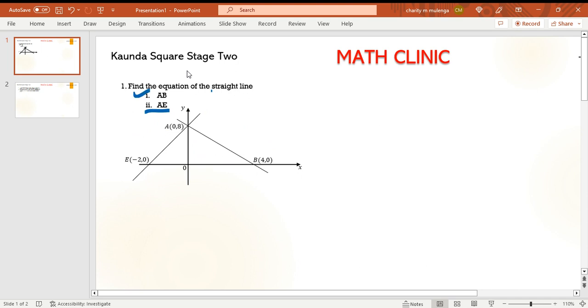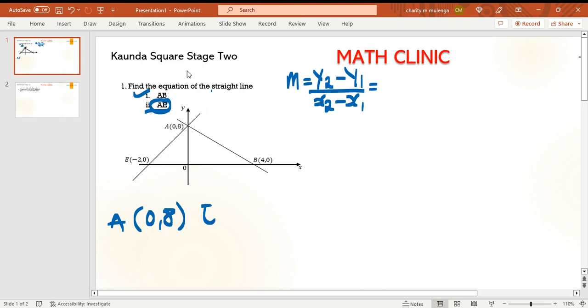So we said when we are given coordinates, we must find the gradient using the coordinate formula for gradient. So we're finding the equation AE. A, the coordinates are (0, 8), E is (-2, 0).